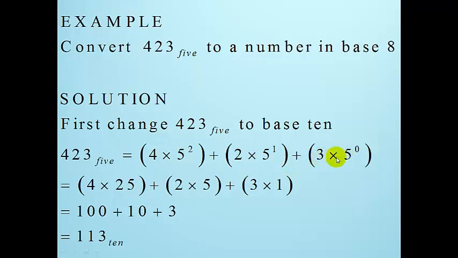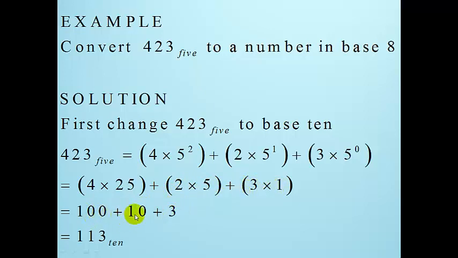Then we raise the base to an exponent from right to left, starting from 0. So we have 0, 1, 2. Now 5 squared equals 25. So we have 4 times 25, plus 2 times 5 exponent 1, which is 5, plus 3 times 5 exponent 0, which is 1. Now 4 times 25 is 100, 2 times 5 is 10, and 3 times 1 equals 3.